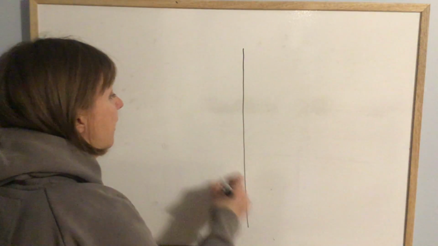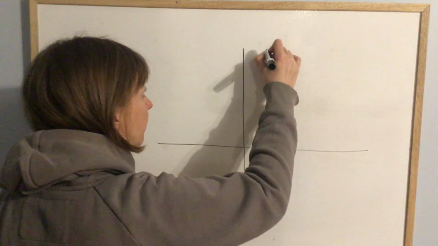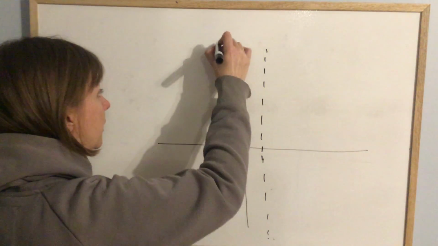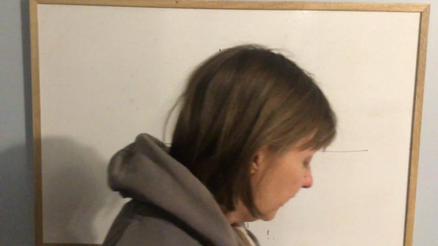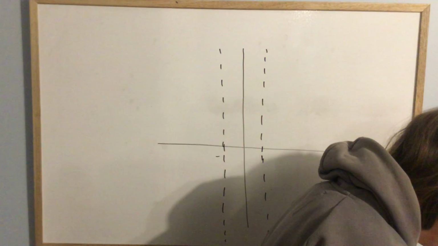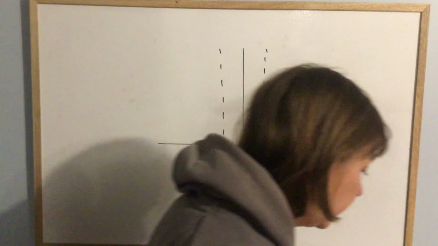So already that's telling me that at 1 there's a vertical asymptote, and at -1 there's a vertical asymptote. Now it says the limit as x approaches 1 from the right-hand side is -infinity.